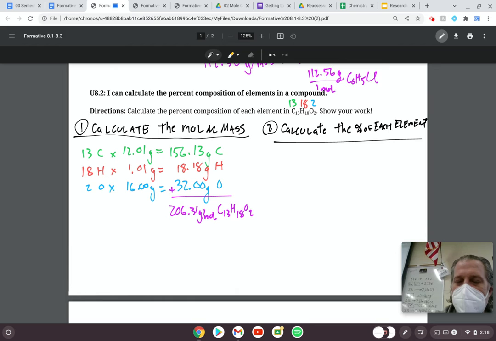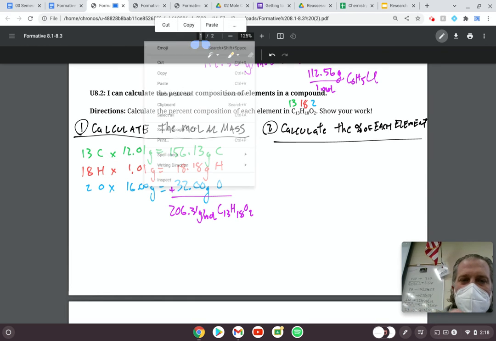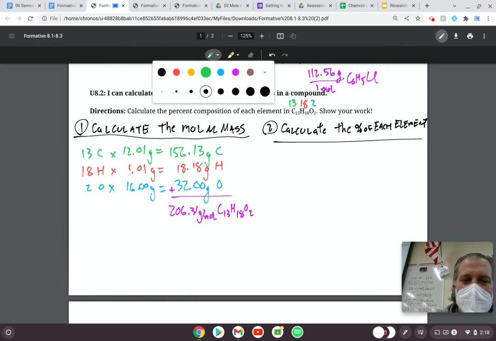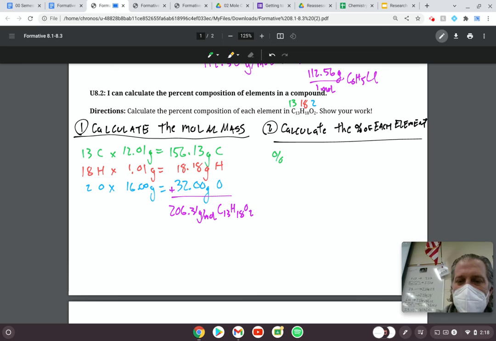And so with that, we are going to use the percent of carbon is equal to 156.13 grams of carbon over the total, which is 206.31 grams of C13H18O2.